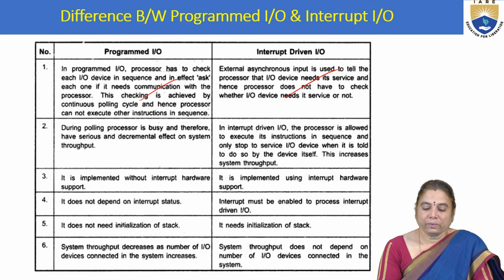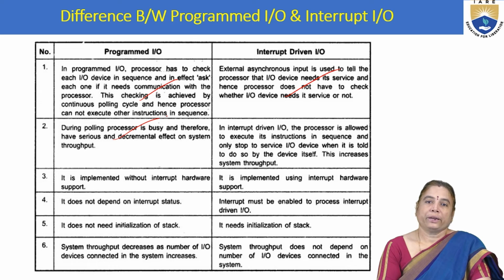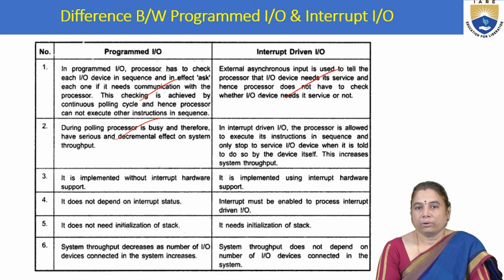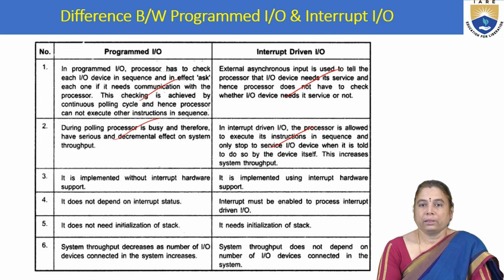The second difference is that the polling process is busy and has a serious and detrimental effect on system throughput. So continuous monitoring by the CPU is required in programmed I/O, so the throughput decreases. But in interrupt driven I/O, only the interface that requires service requests the CPU, so the throughput can be increased.